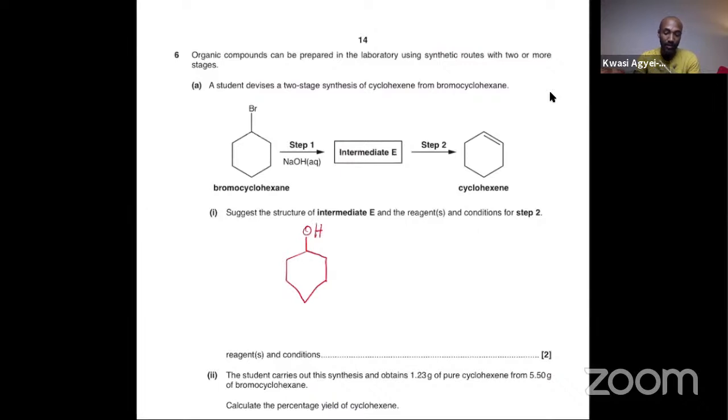So there we have it. And if you wanted to show that mechanism, you'd have an OH minus ion attacking this carbon here, because that carbon has a delta plus, and bromine has a delta minus on it. And that bond is going to break, the C-Br bond, to give us our product shown here.